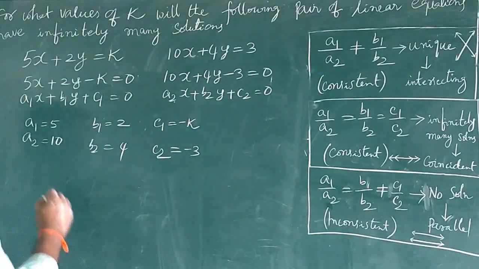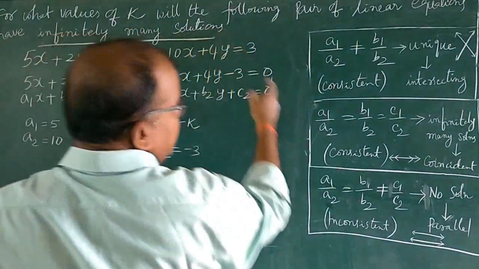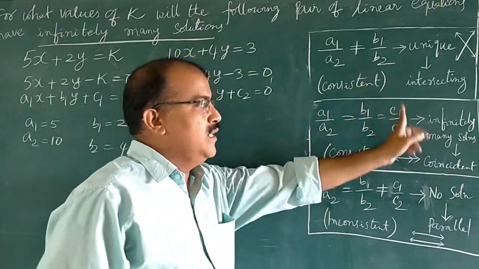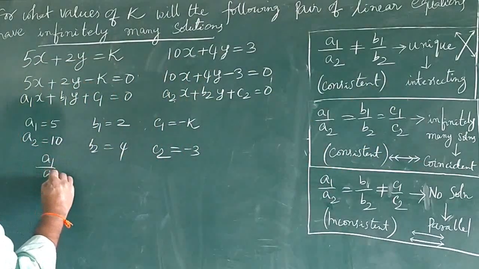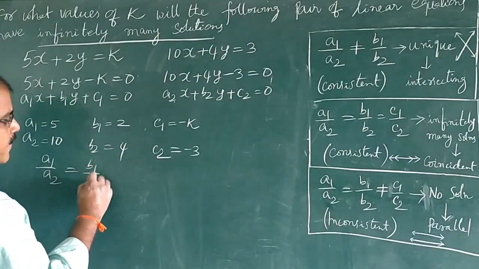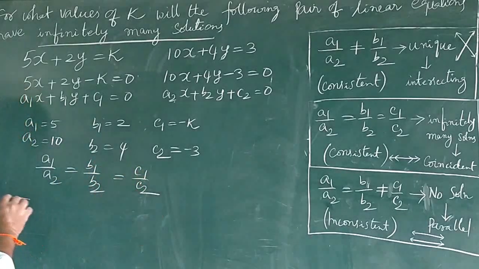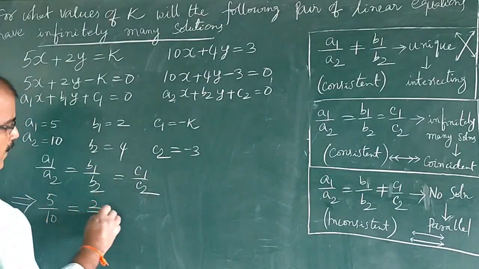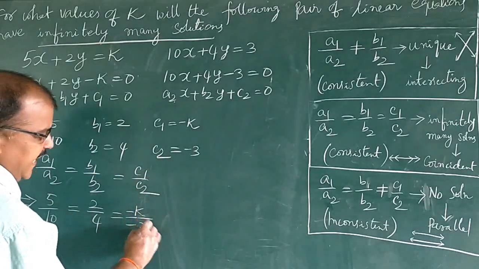Now, what is the condition for a pair of infinitely many solutions? A1 by a2 is equal to b1 by b2 is equal to c1 by c2. That implies 5 by 10 is equal to 2 by 4 is equal to minus k by minus 3.